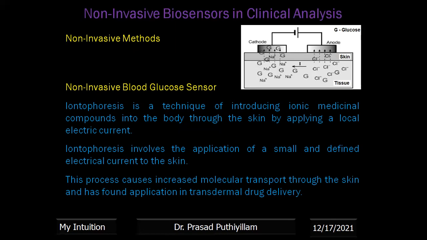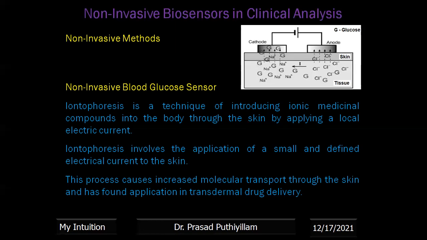For example, an IR light sensor is used to detect glucose level without puncturing the skin. It passes IR light on the skin, and the absorption rate of IR by the glucose or the sugar is measured, and based on that, the detection is done.